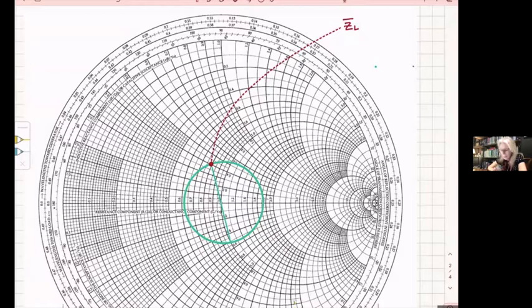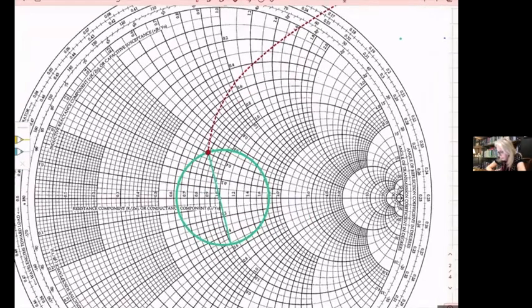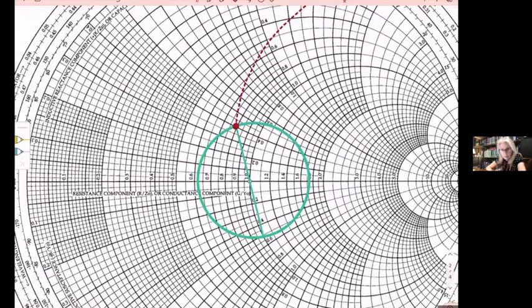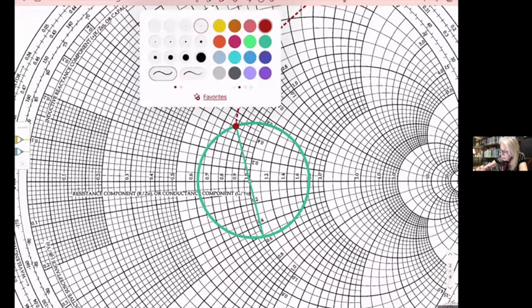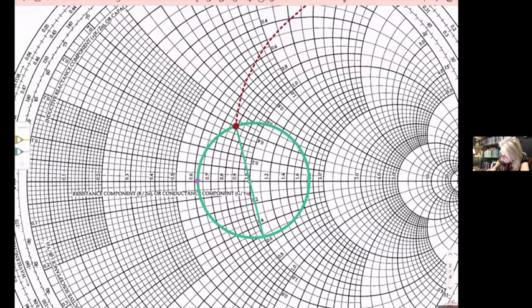On this green circle. Which are the points that have only real value? How many are they and which are they? There are 2 and they're the ones along the horizontal axis. Yes, exactly. So one is here, the other is there.